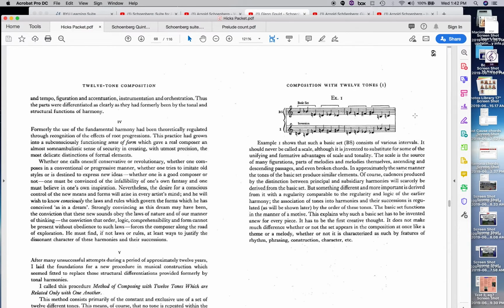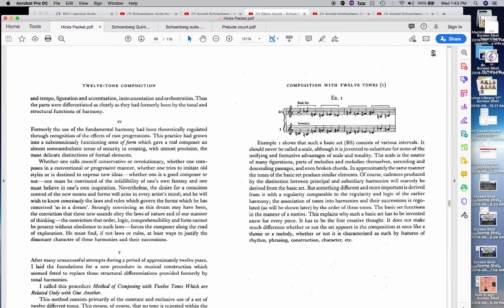And then we put a subscript, or it doesn't have to be a subscript, but a number next to the P, I, R, or RI, representing the transposition. So let's say here's our basic set starting on A, B flat, etc. Well, let's say I transpose this as a P0, and we'll make A our 0.